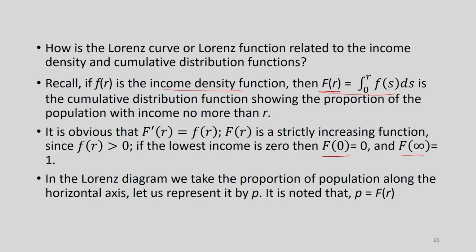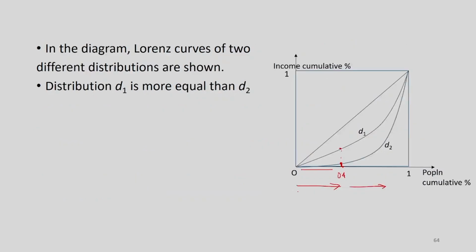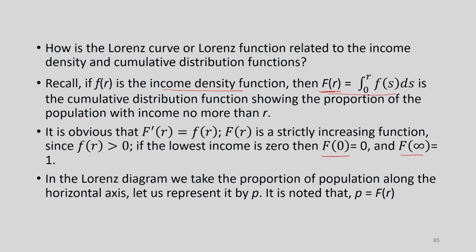In the Lorenz diagram, we take the proportion of population along the horizontal axis, that we have done here, proportion of population, here 0.4 means 40%. Let us represent it by small p. It is noted that small p is equal to F(r). What is F(r)?